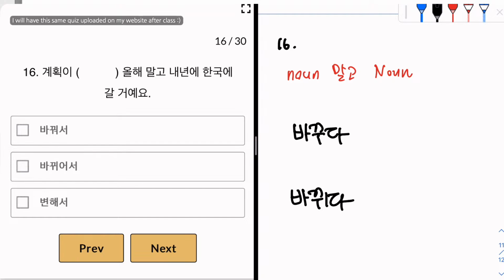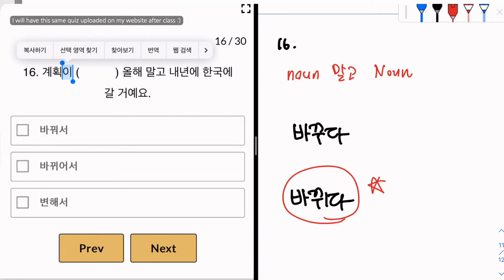Guys, if you take a look at the subject marker, you can easily see that it's 바뀌다. You have to use the passive form, to be changed, because the plan is changed, right? The plan cannot change anything because plan is an inanimate thing.